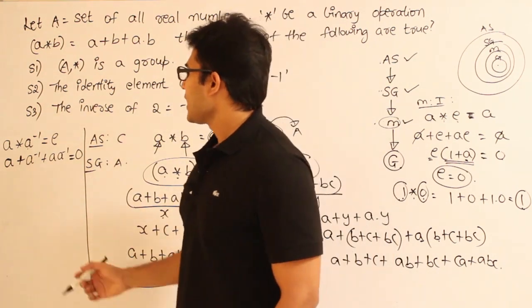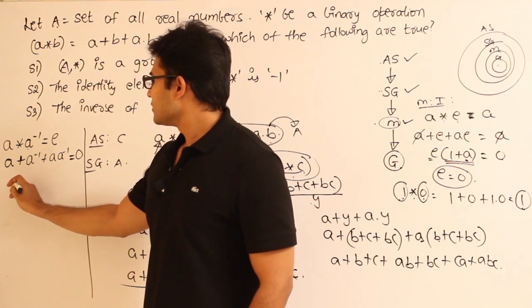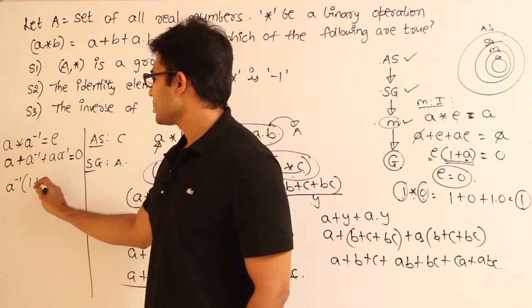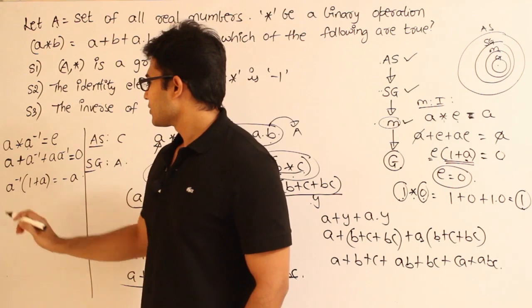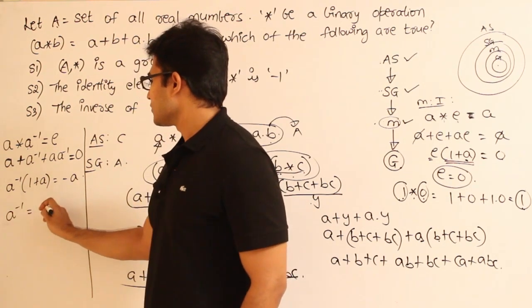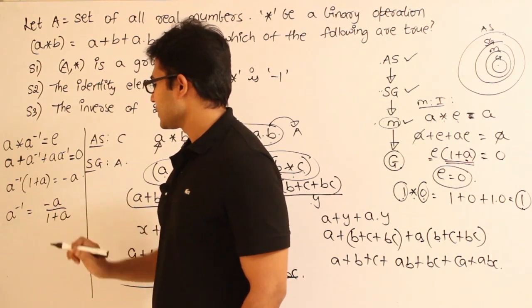Okay. And now if you observe this, a inverse, you can take it as common, (1 plus a) is equal to minus a, right? Now what does it mean? a inverse is equal to minus a by (1 plus a).